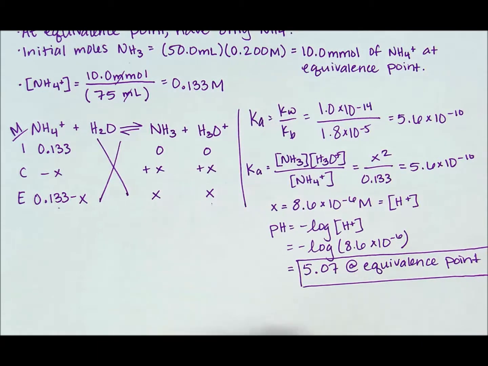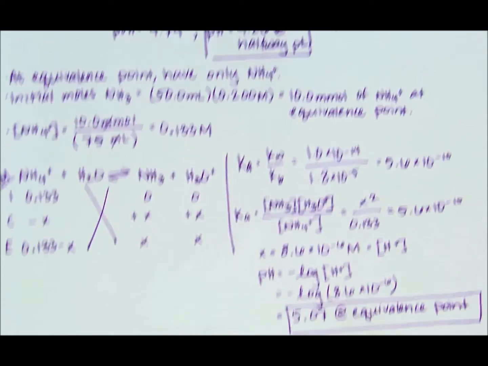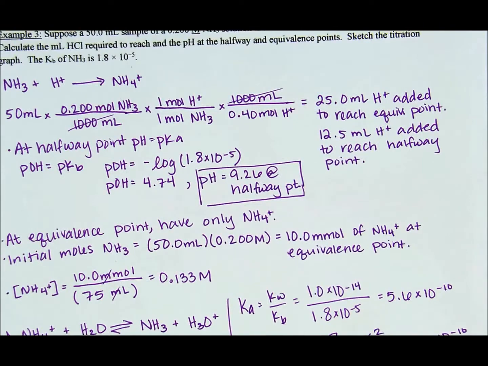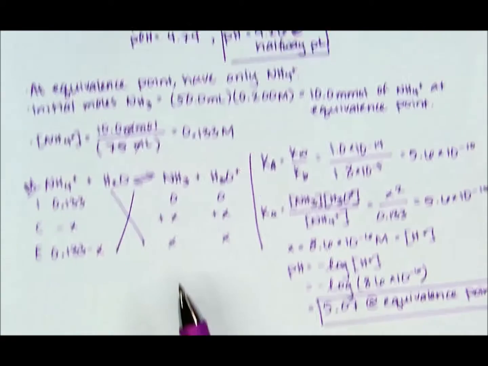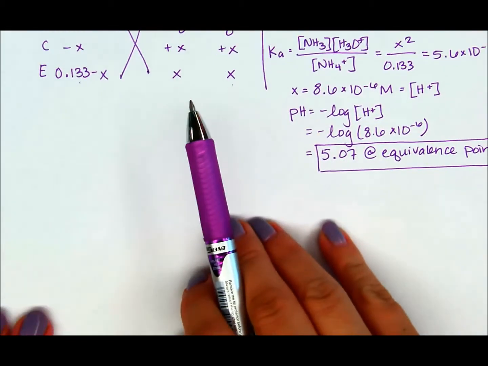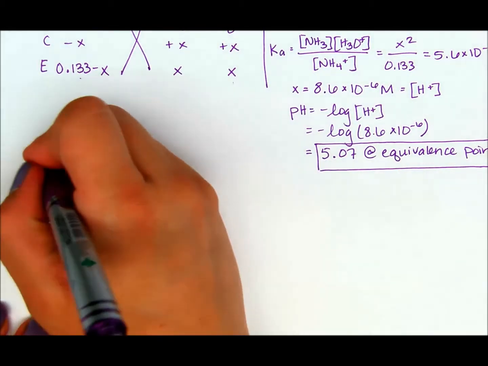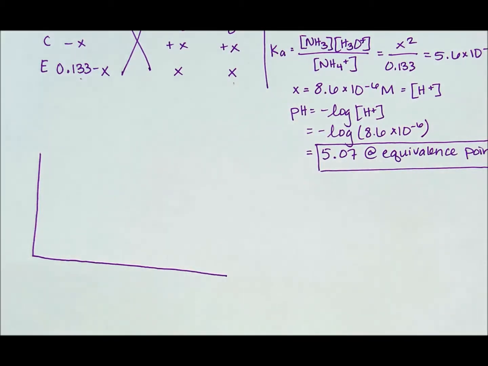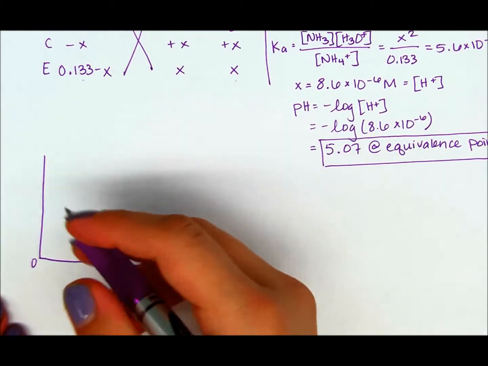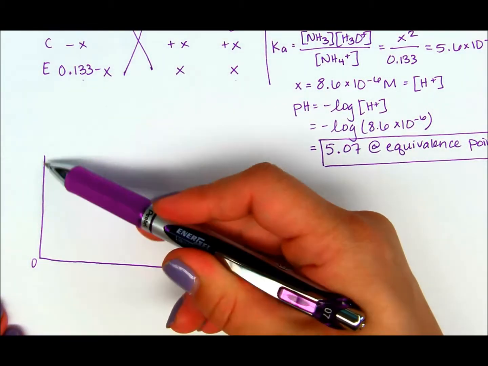Okay, so at this point, we've calculated both of our pHs, we've calculated both of our volumes. Now sketch the titration graph. Okay, sketching our titration graph at the bottom here. On the bottom, I'm going to have 0, and then we're going to go pH all the way up to 14.